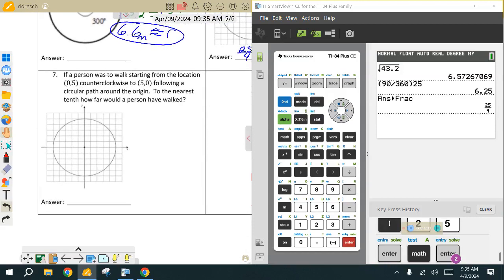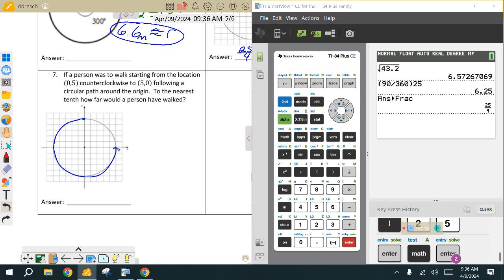Last one. Go start it off. Person wants to start from starting location of 0, 5. Where's 0, 5 at? Right there, starting there. Okay, counterclockwise to 5, 0. What direction is counterclockwise? Yep, counterclockwise. 5, 0. Where's 5, 0? Keep going, keep going.